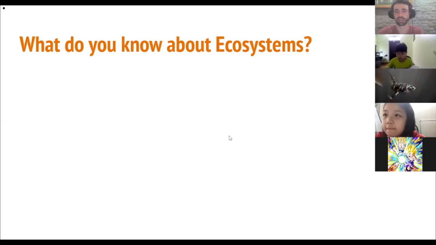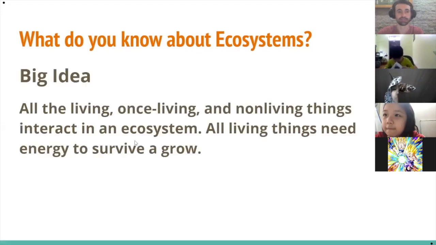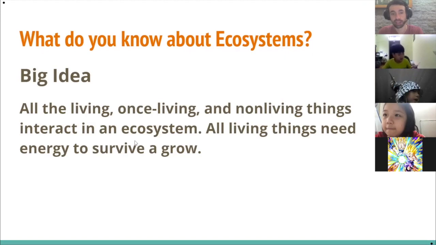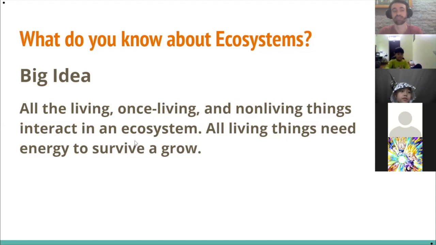Okay, so let's start learning about ecosystems. You guys got it correct. The big idea: all the living, once living, and non-living things interact in an ecosystem. All the living things need energy to survive and grow.